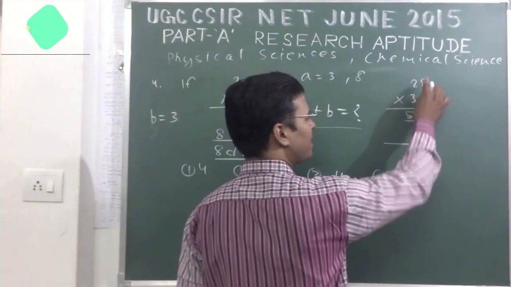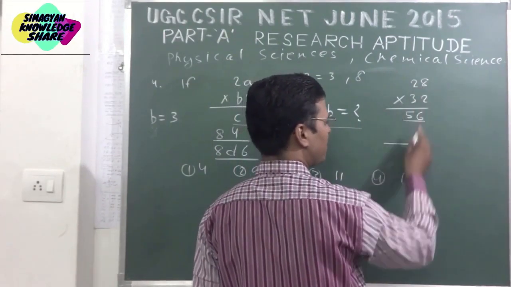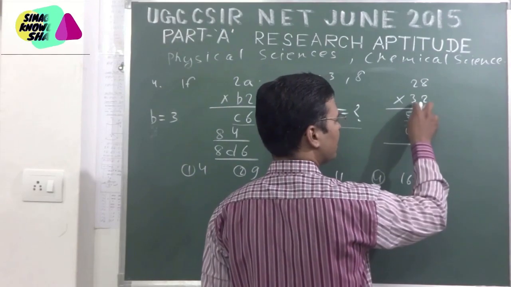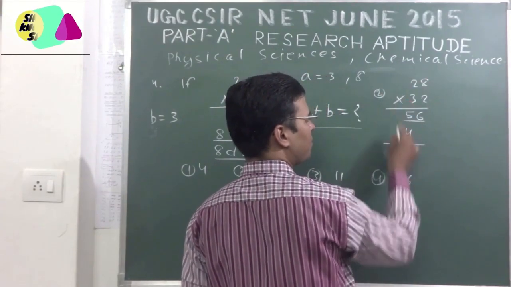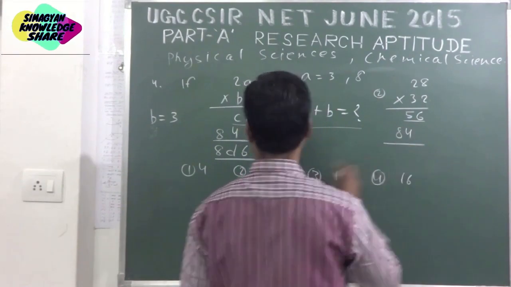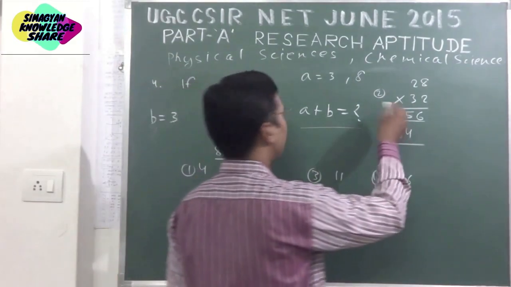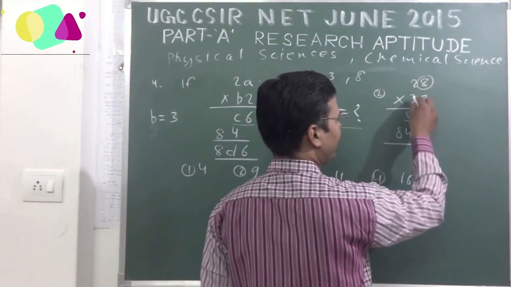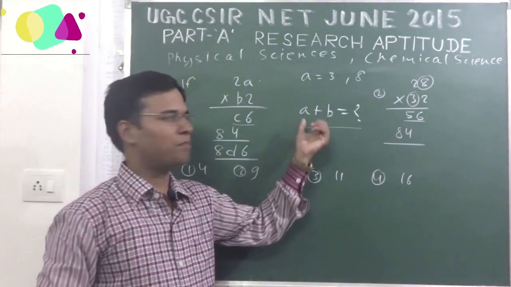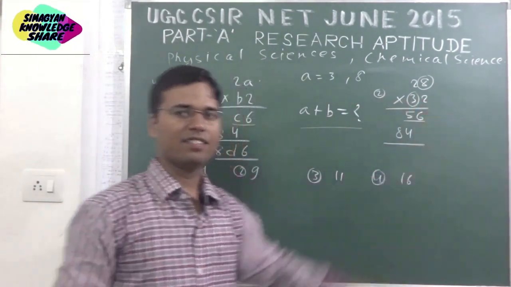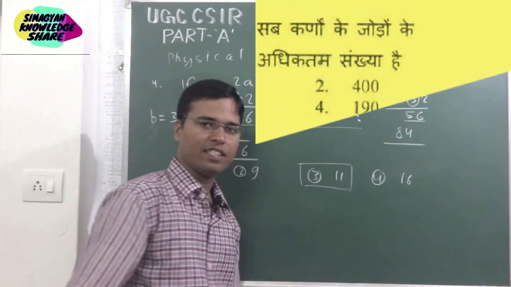So 3 multiplied by 28: 3 times 8 is 24, write 4, then 3 times 2 is 6, plus 2, that is 84. So we get the same value, 84. So the value of a is 8 and b is 3. So our answer a plus b would be 11. The correct answer of this problem would be option 3, 11.